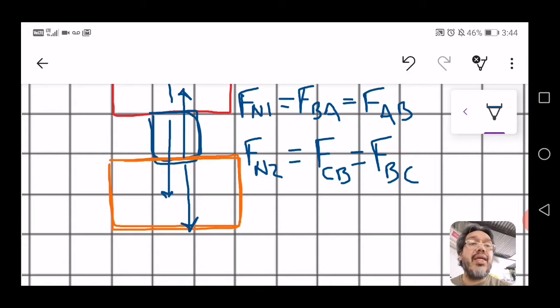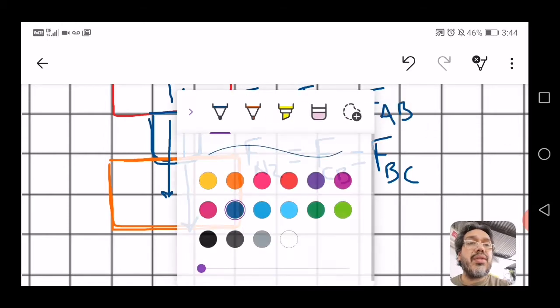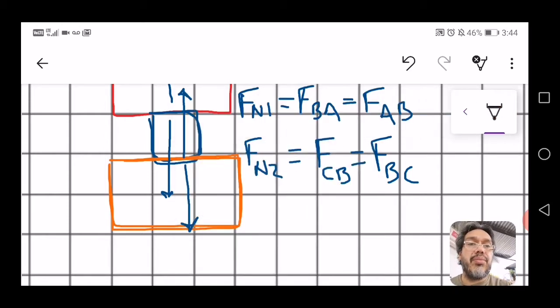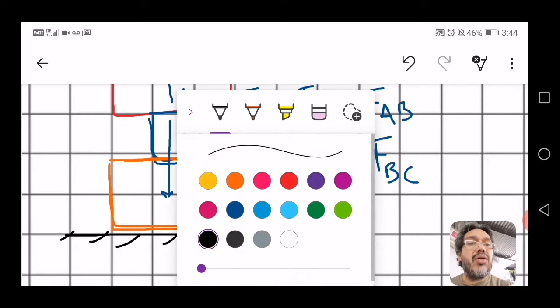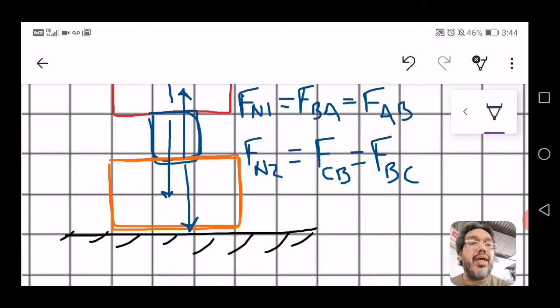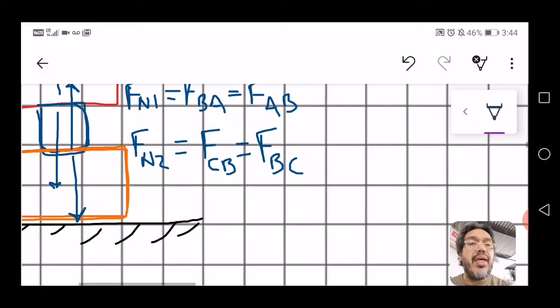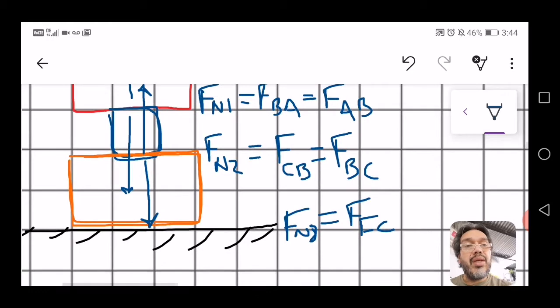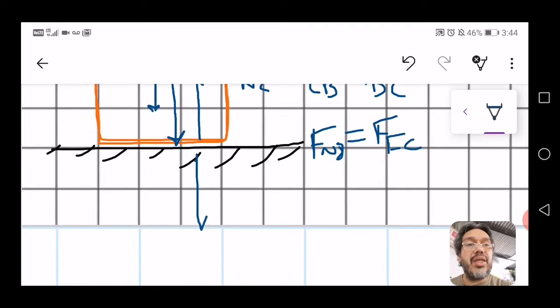And finally, you know that there is a surface at the bottom, a table or floor of some kind, and then if you have an extra normal force here, that extra normal force Fn3 should be equal to the force exerted by the floor on block C. So that's this kind of interaction.